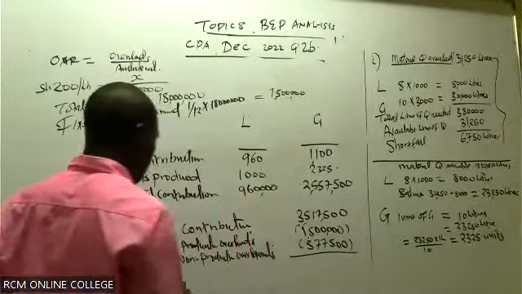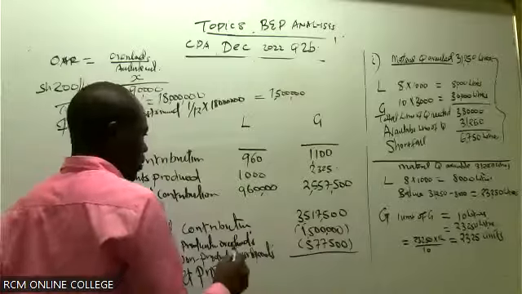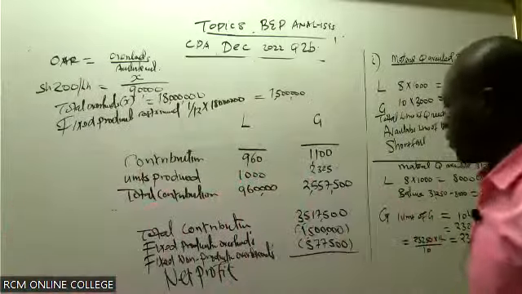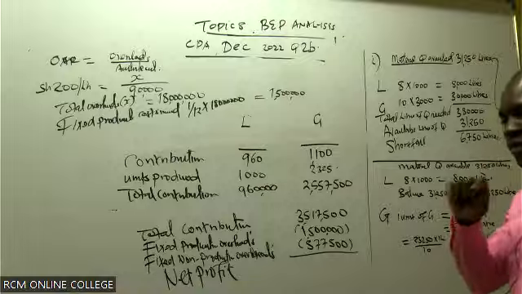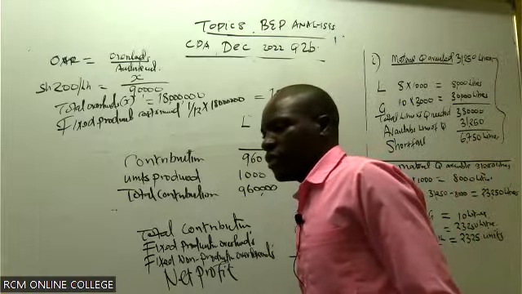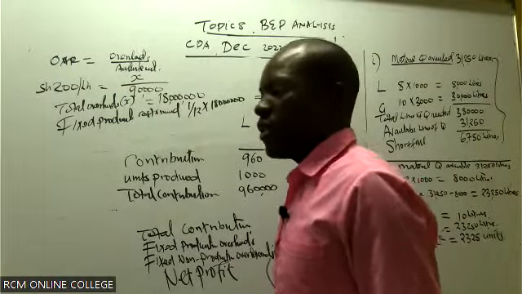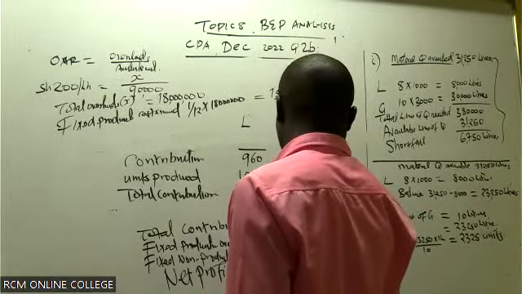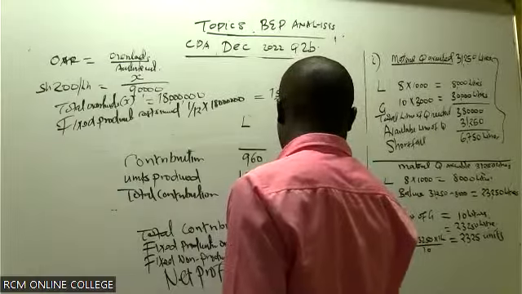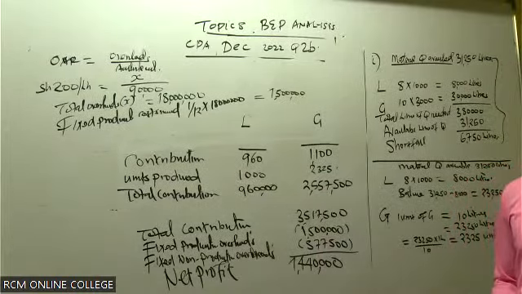Are you able to give us the net profit for this company? Is someone able to give us the net profit for this company? 1,440,000.